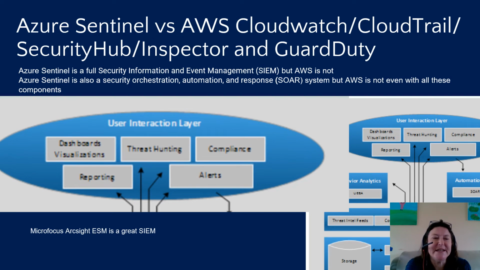For security, Azure Sentinel is second to none. It is a full security information and event management tool. AWS does not have the equivalent. Azure Sentinel is also a security orchestration, automation, and response tool, but AWS does not have that.